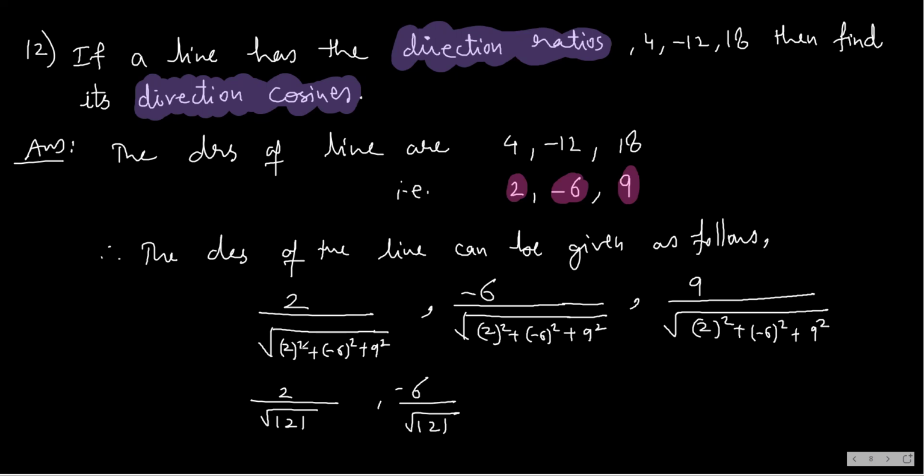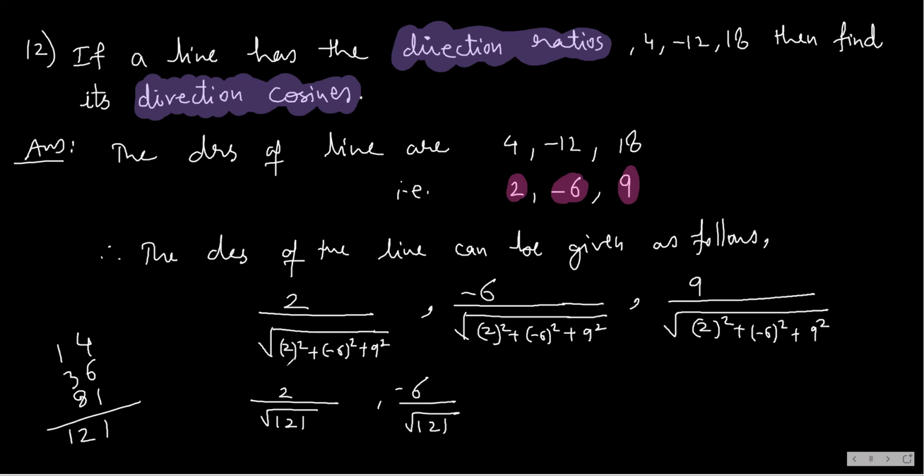If you add them, you will get 121. See, 2 square is 4, minus 6 square is 36, and 9 square is 81. So when you add them, you get 121.